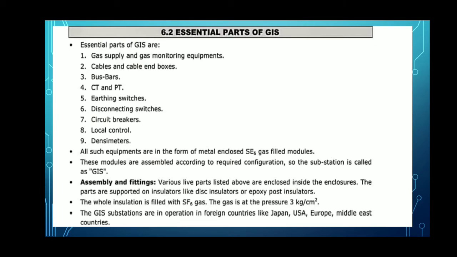The parts are supported on insulators like disc insulators or post insulators as required. The whole enclosure is filled with SF6, sulfur hexafluoride gas, at a pressure of 3 kg per square centimeter. Gas insulated substations are in operation in foreign countries like Japan, USA, Europe and Middle East countries also.